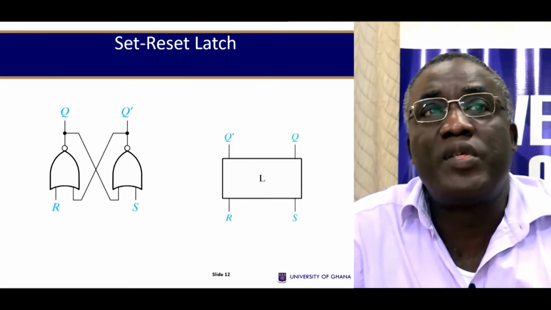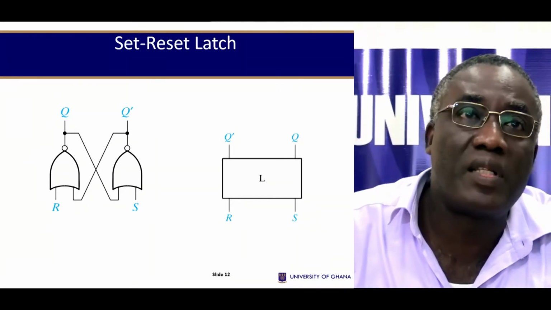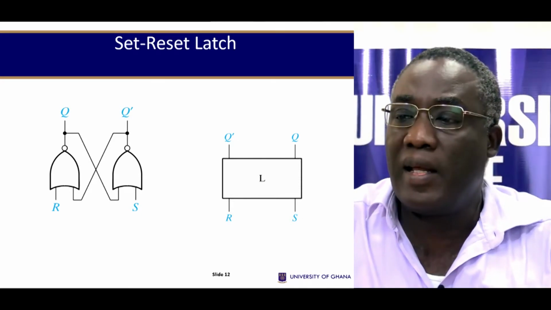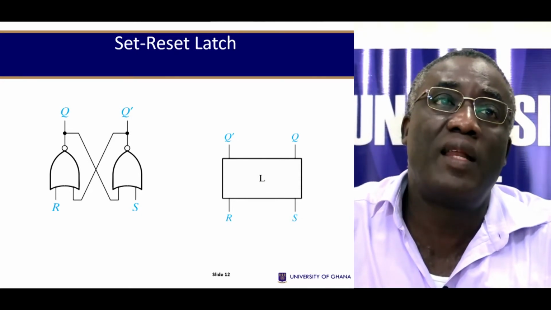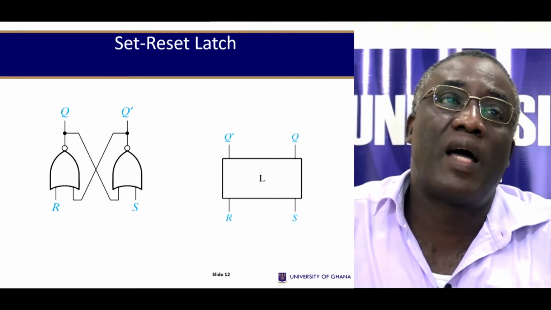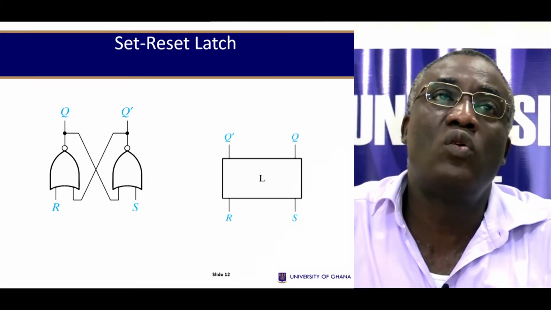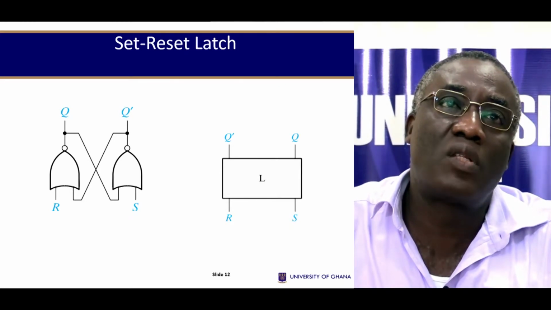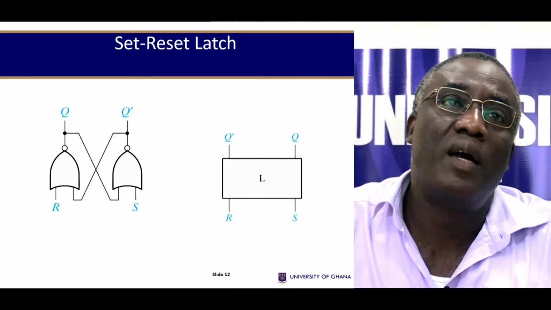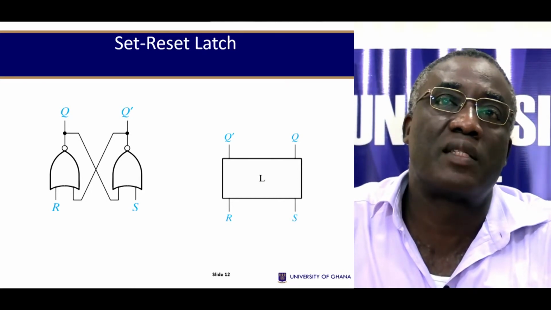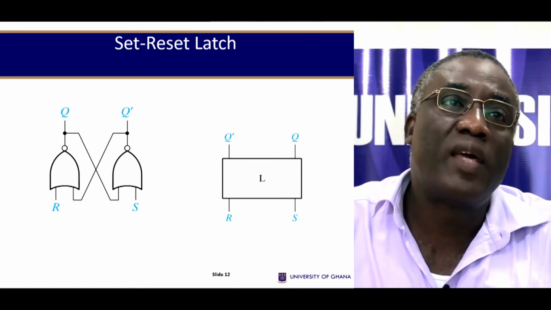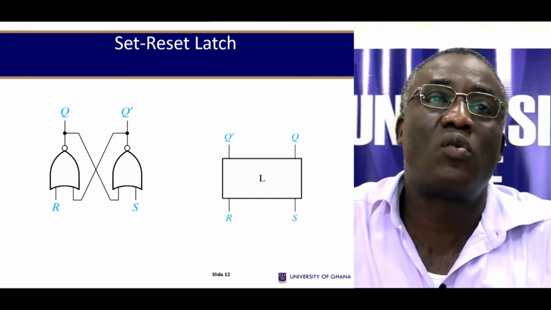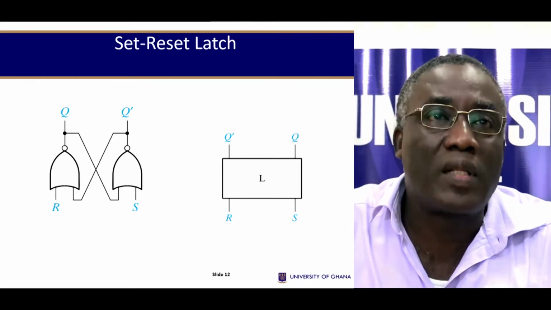Now, a way to represent it diagrammatically is this. This would help you to analyze it. You have R, S, Q, and not Q. And then you have a feedback from not Q into R, and a feedback from Q into S. So you can then put R equal to 0, S equal to 0, and see what happens.